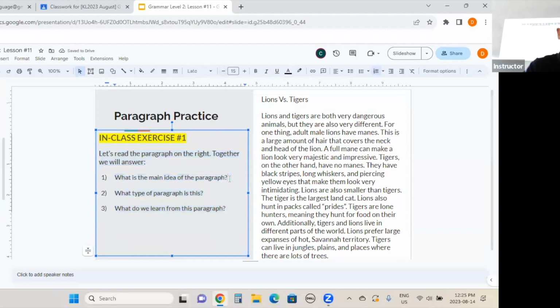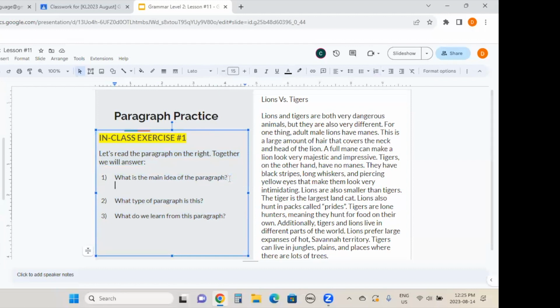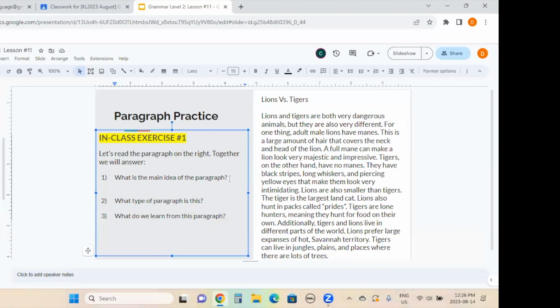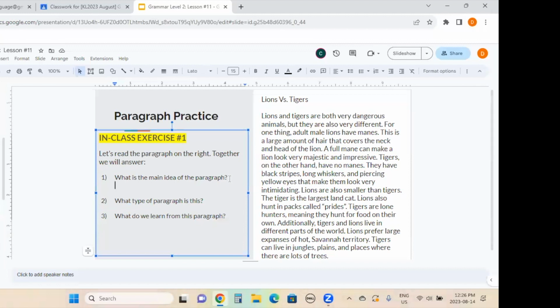Okay, so the main idea. What is the main idea of the paragraph, Martin? Fighting. Say that again. Who's fighting what?